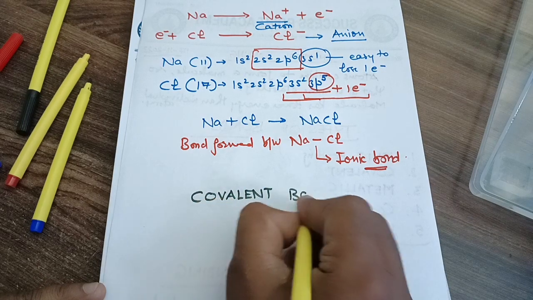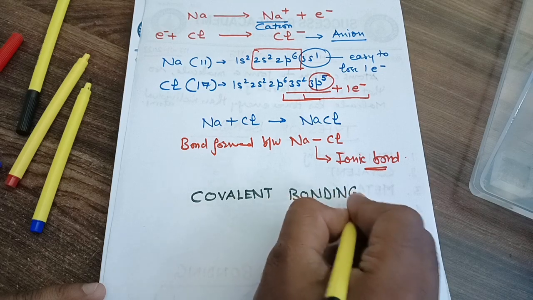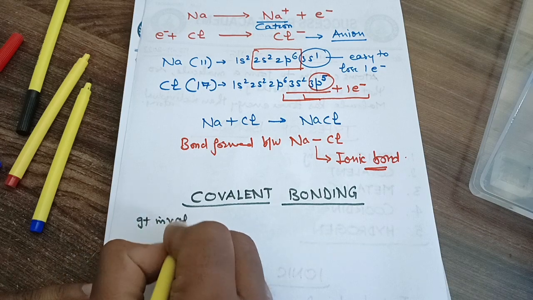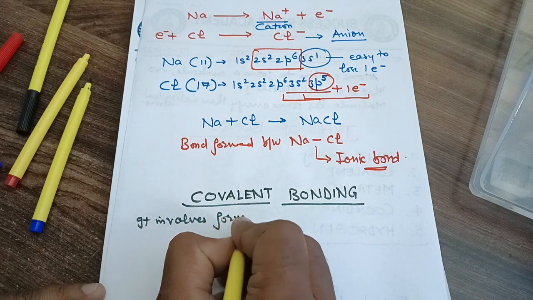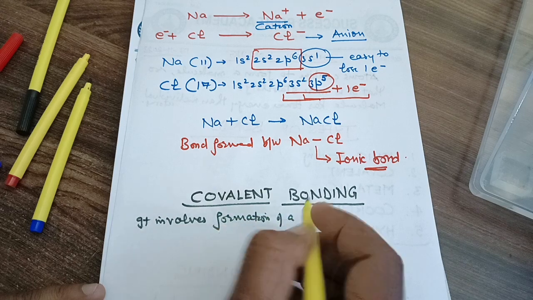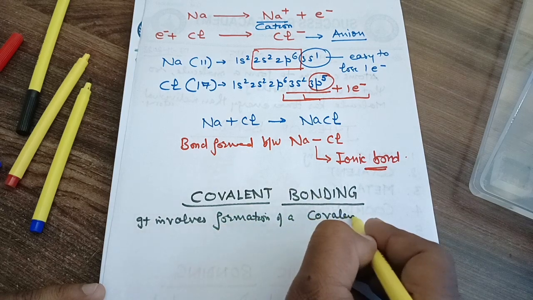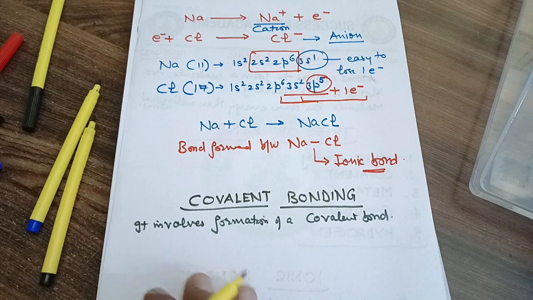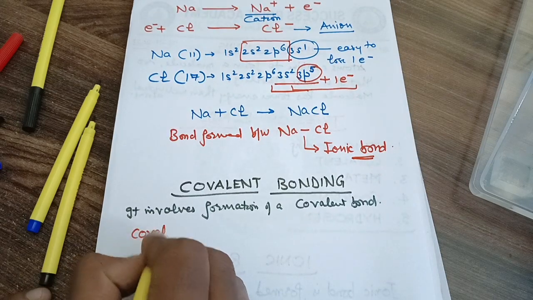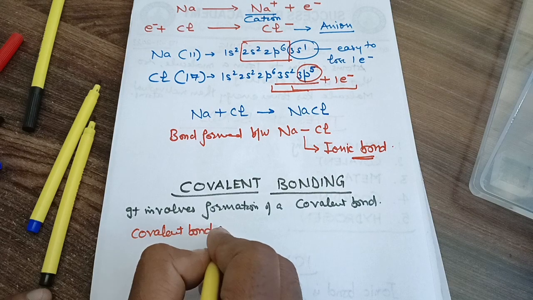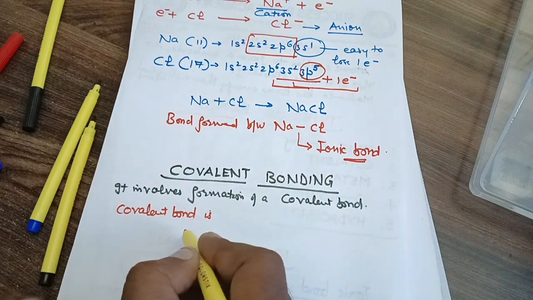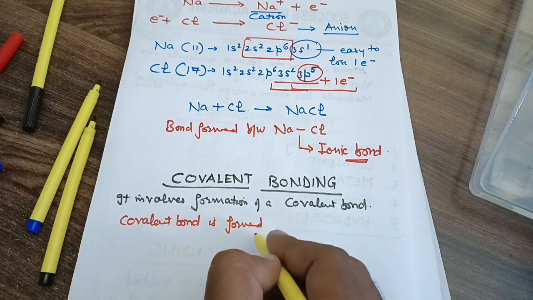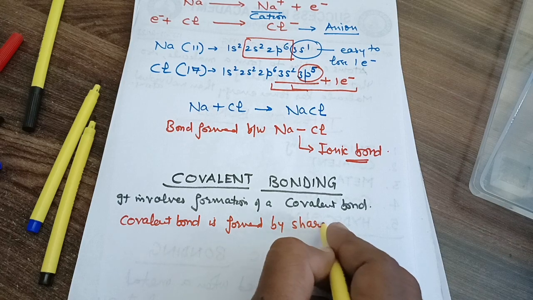Then, second thing is covalent bonding. It involves formation of a covalent bond. Now see how a covalent bond is formed. A covalent bond is formed by sharing of electrons.